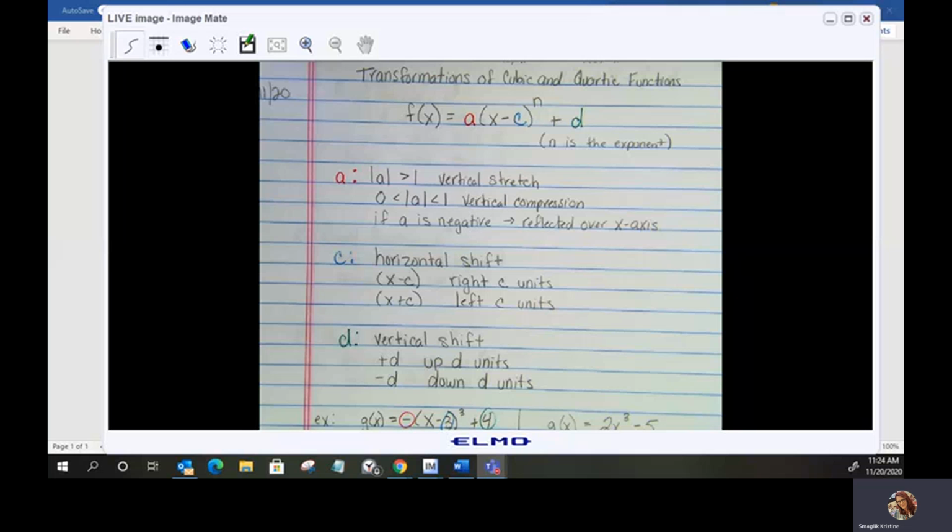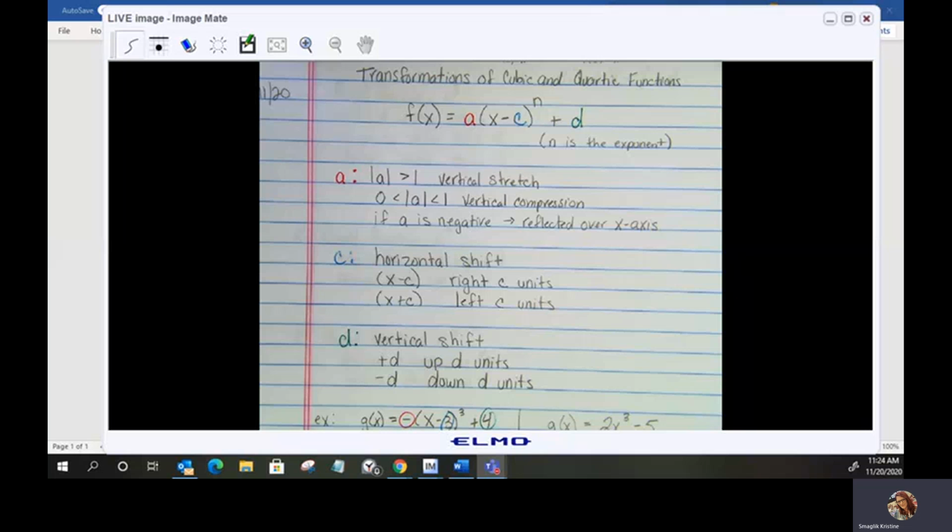So for horizontal shift, if you have an x minus c, that means you are moving right however many units c is. If you have an x plus c, you're going left c units. And again, remember, if my c value is negative and I input it in here for C, I'd have a negative, negative C. Negative, negative makes it positive.